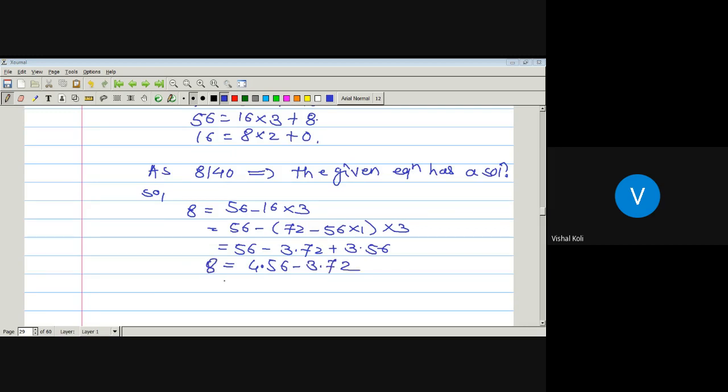So 8 is nothing but 4 times 56 plus minus 3 times 72.